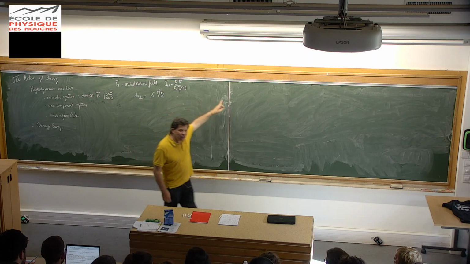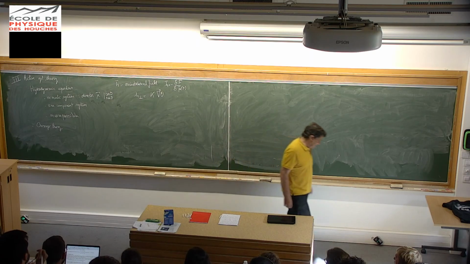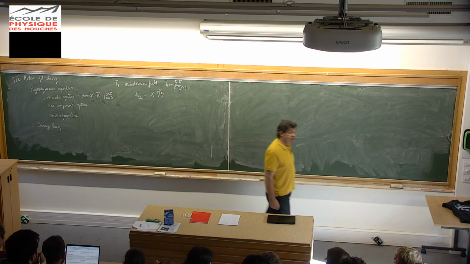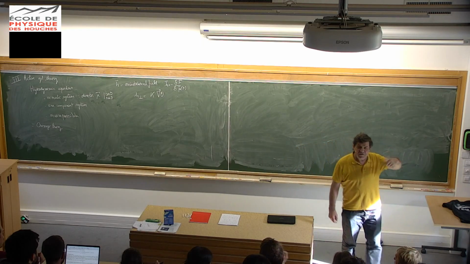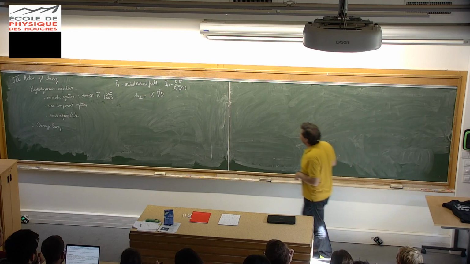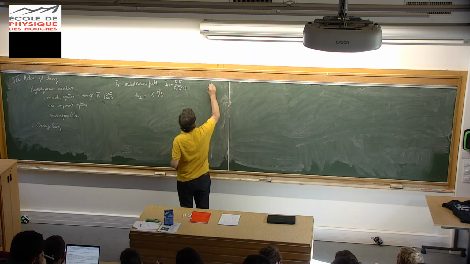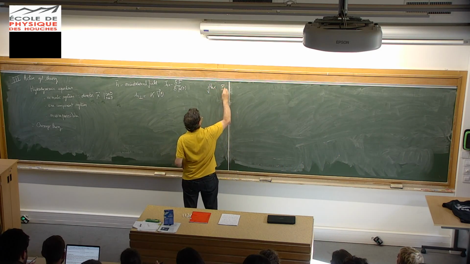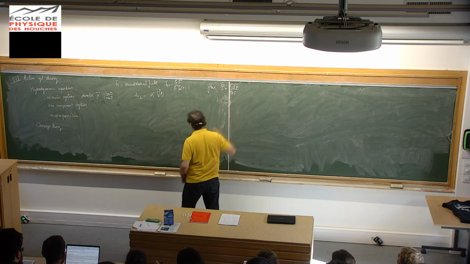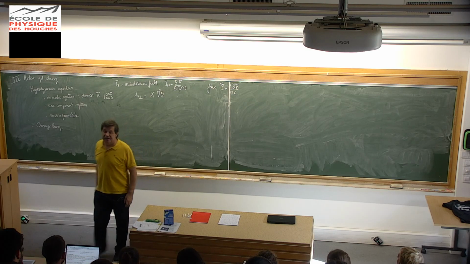I need a conjugate force, a conjugate flux to H. This conjugate flux is essentially the rate of change of the polarization P, or of the director P. So I'll call that big P, dP dt.